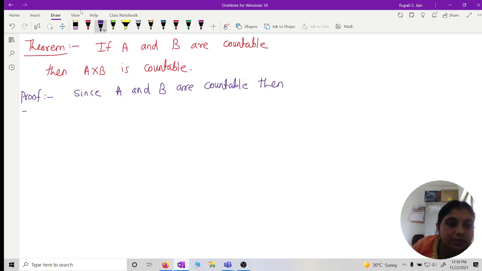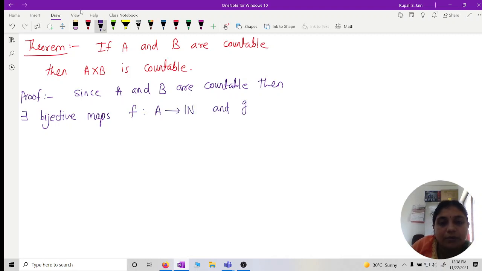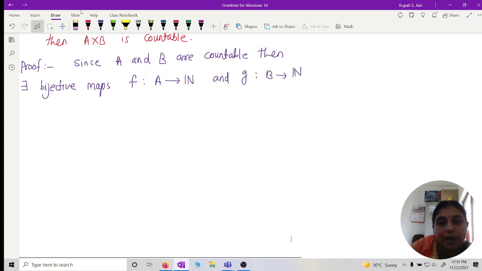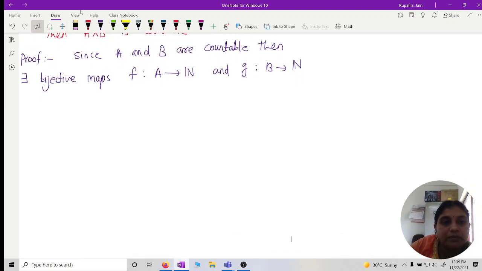There exist two bijective maps, f from A to N and g from B to N. Since A is countable, there exists a bijective map from A to N, say it is f, and there exists a bijective map from B to N also, say it is g. Is that right? Now using these two maps, we have to define a new map which is bijective.